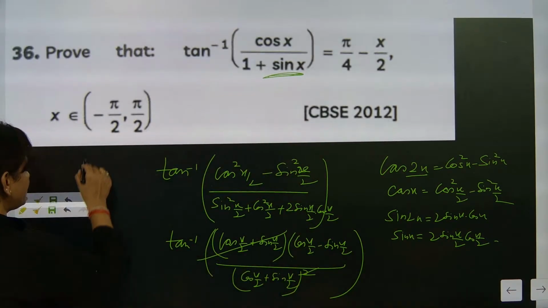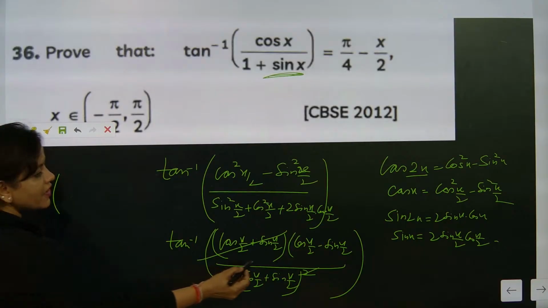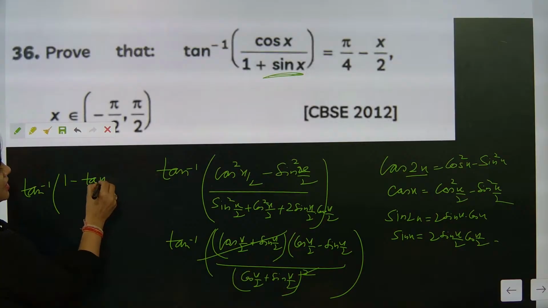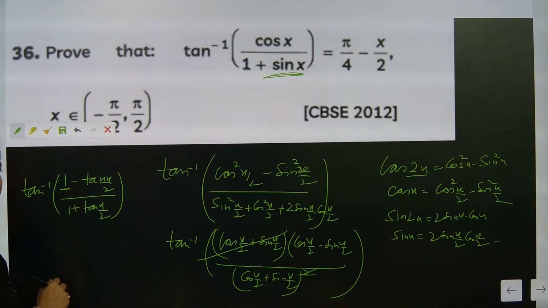Now, only one small section is left in tan inverse. We divide the numerator and denominator by cos x by 2. It will become 1 minus tan x by 2 over 1 plus tan x by 2. Take this 1 as tan pi by 4.